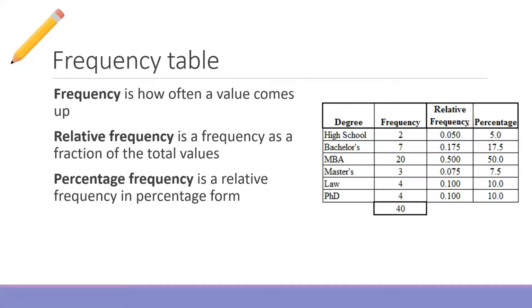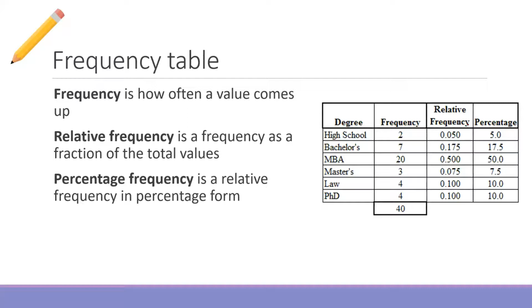You might not have the frequency of a particular value. You might have the most common class interval. For example, the interval of 40 to 45 might be the most popular interval, the highest frequency interval. It might not be a specific number, but you would still record frequencies. How often does a number fall into that interval?